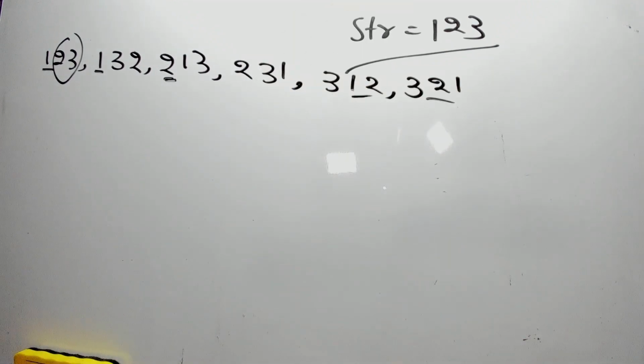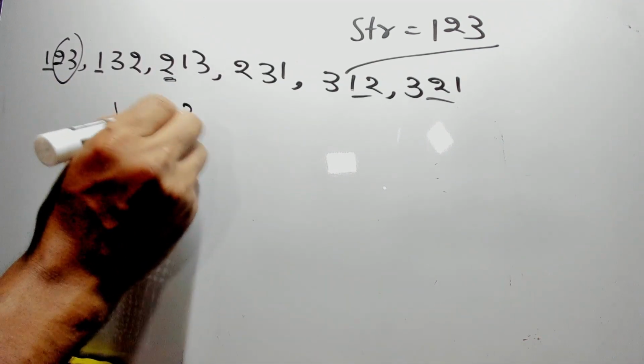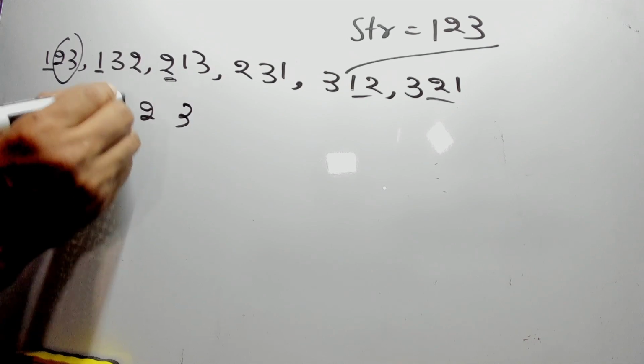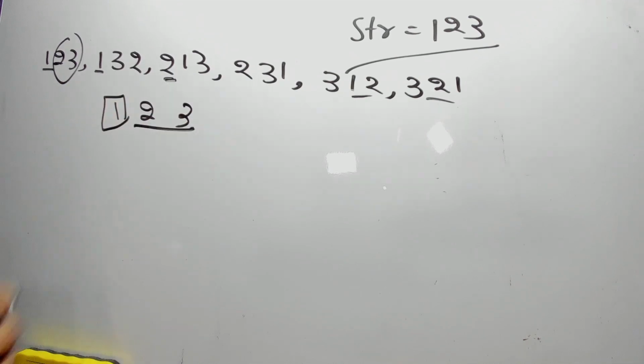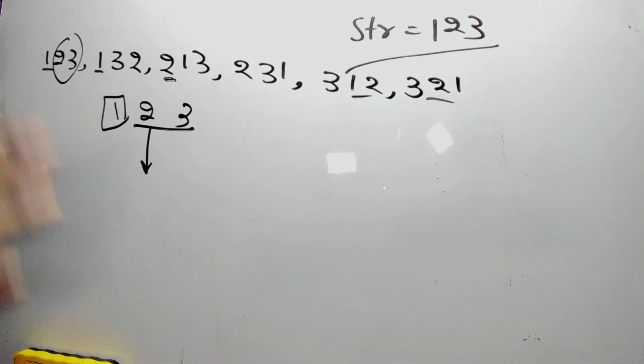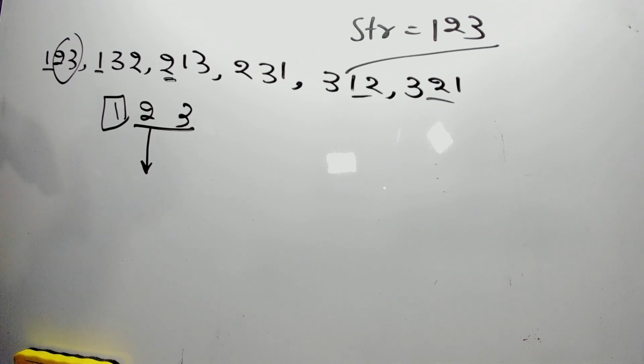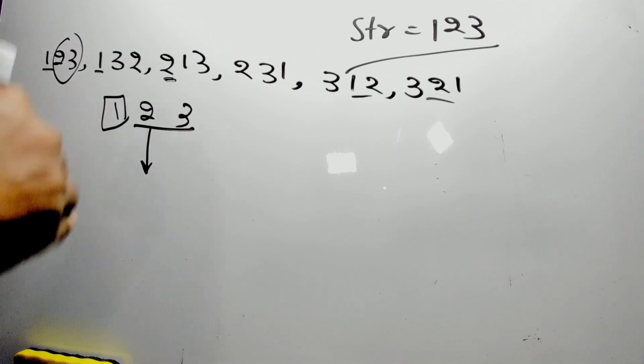So if we make a kind of decision tree on this, what happens? First, we're going to start with 1, 2, 3. We're going to keep 1 constant and find the rest, like 2, 3. Then we're going to backtrack on 2, 3, or you feed 2, 3 to the same recursion.